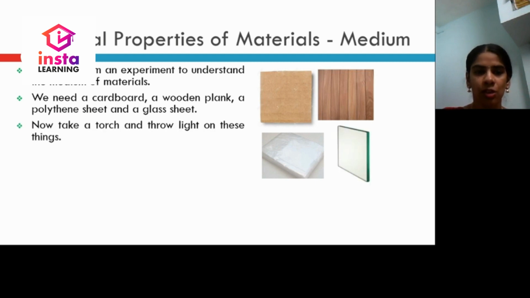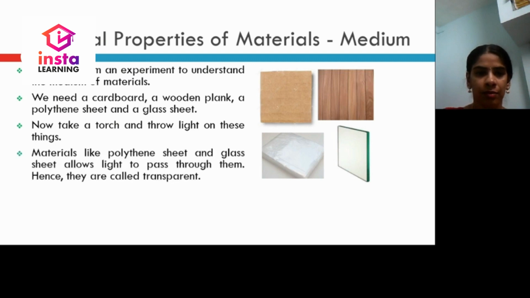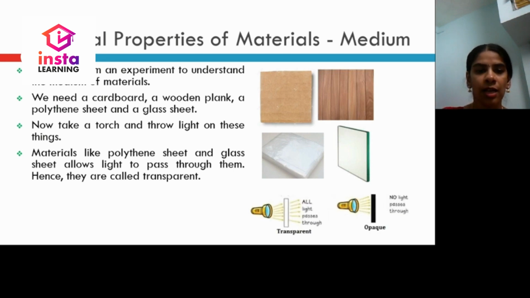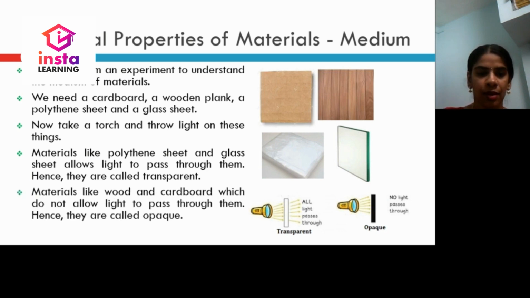Now take a torch and throw light on these things. Materials like the polythene sheet and glass sheet allow light to pass through them. Hence, they are called transparent. Materials like wood and cardboard, which do not allow light to pass through them, are called opaque.